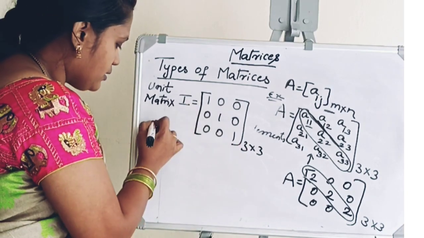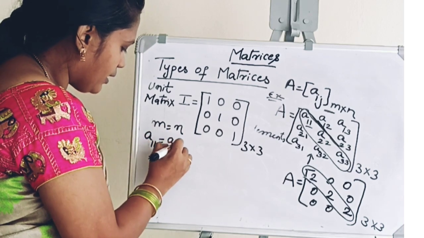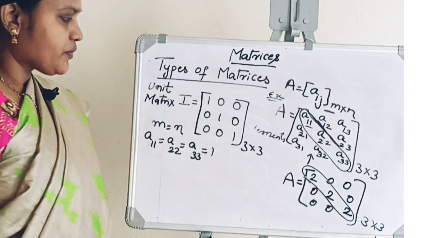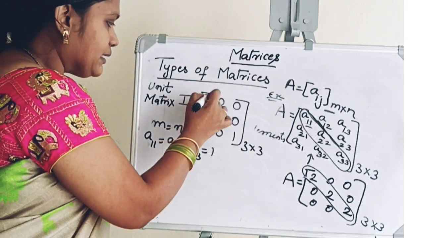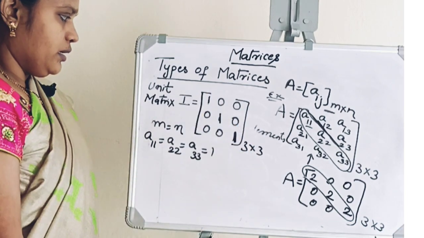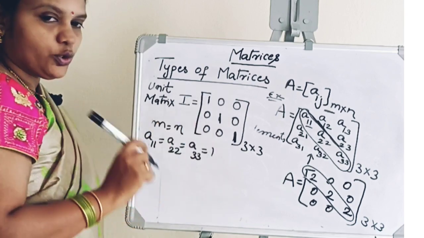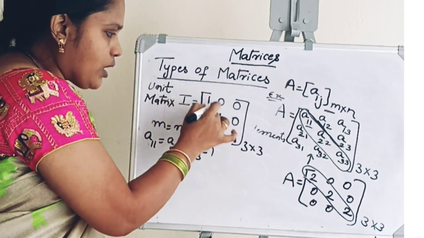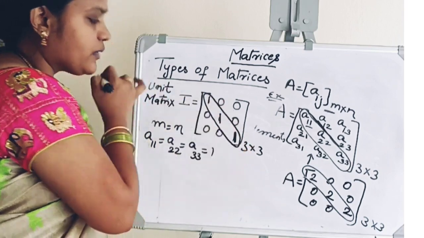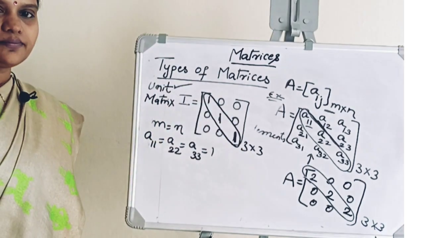Because m is equal to n and all the principal diagonal elements are equal to 1. If all the principal diagonal elements are equal to 1, then such a matrix we call a unit matrix.